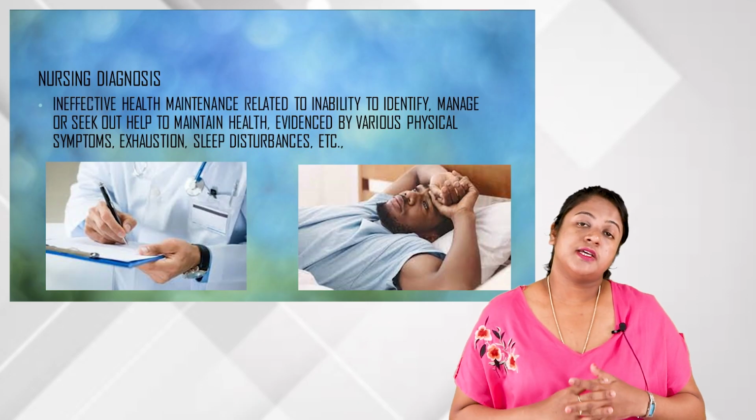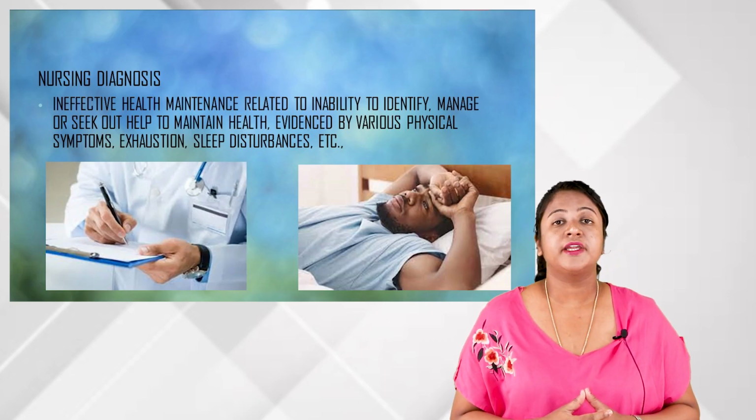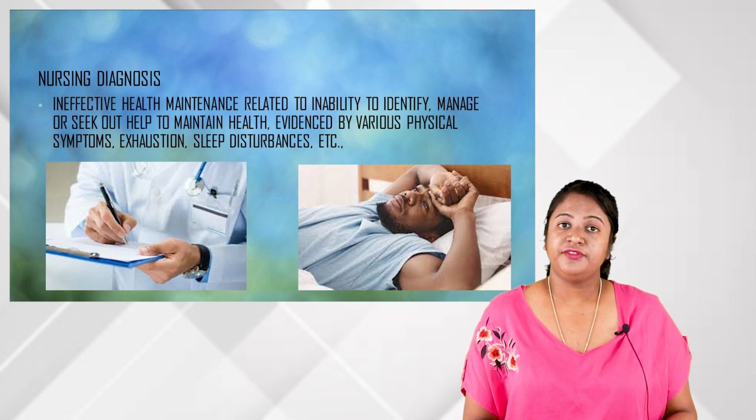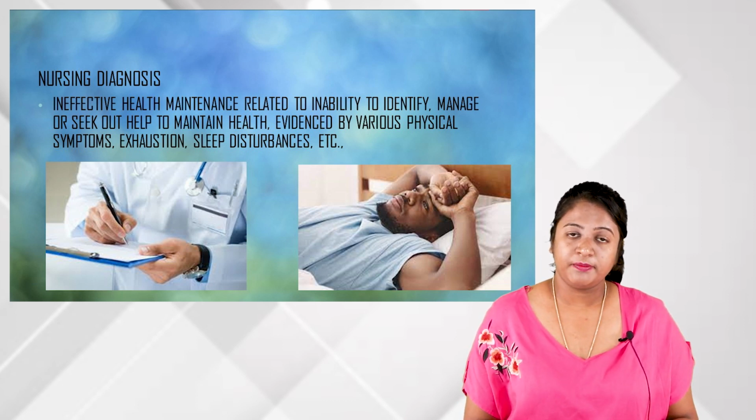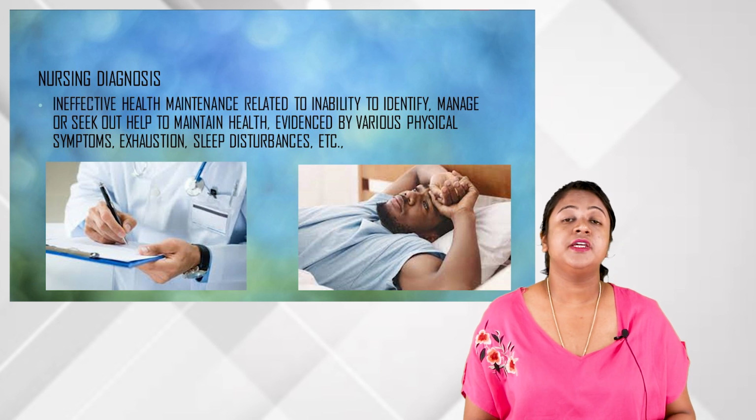So the next step that we have is, based on the assessment, you're going to diagnose what is the problem of the patient. So we have got the list of nursing diagnoses that you can state for a client with the alcohol dependent syndrome. The first diagnosis is ineffective health maintenance related to inability to identify, manage, or seek out help to maintain health, as evidenced by various physical symptoms, exhaustion, sleep disturbance, etc. So that's the first nursing diagnosis, ineffective health maintenance.